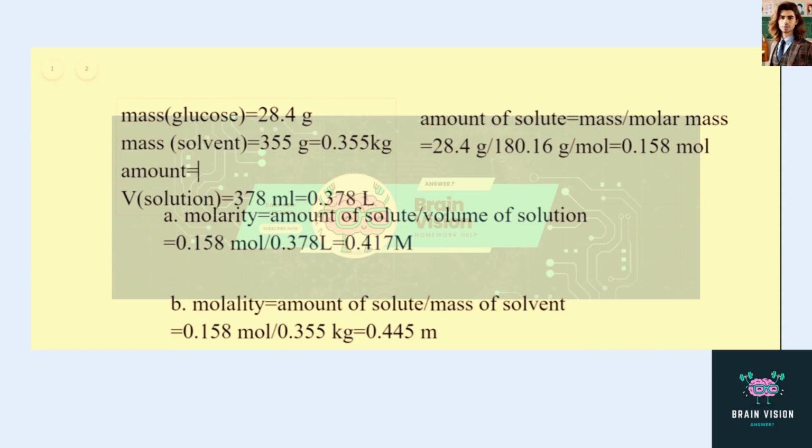Amount is, as we know, mass divided by molar mass, which is for water 18.01 grams per mole. I'm not going to go into detail about it. You can look up the equation. So the amount of solvent from that equation would be 19.7 moles.